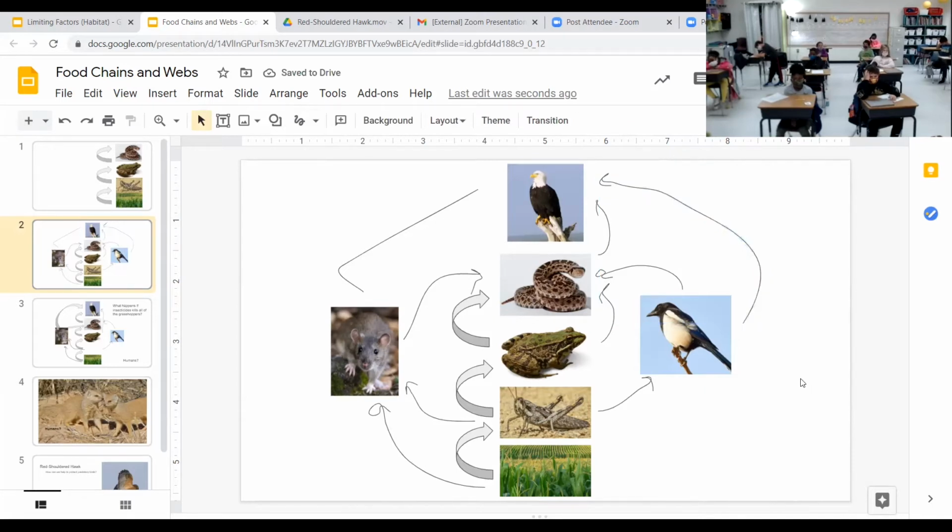Okay, so the big picture I want you guys to take away from this is, look how many arrows we just added to our food chain to make our food web just by adding 3 new animals. I see 1, 2, 3, 4, 5, 6, 7, 8, 9 right off the bat. So really cool to think about, right?